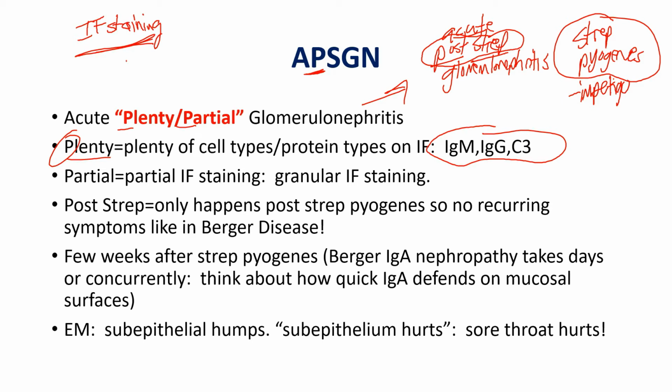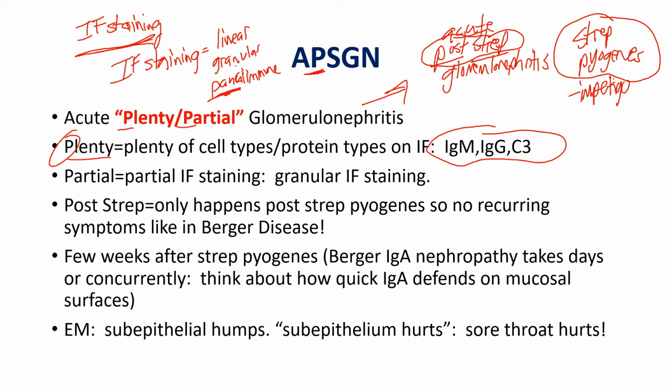And there are patterns of IF staining, immunofluorescent staining. The 3 main ones important for nephritic and nephrotic syndrome: the first one is linear, the next one is granular, and the last one is called pauci-immune. That just means it's not staining at all. It's just a fancy way of saying the stain is not connecting to anything.